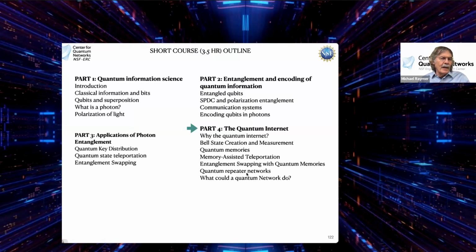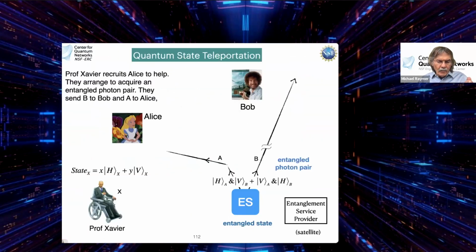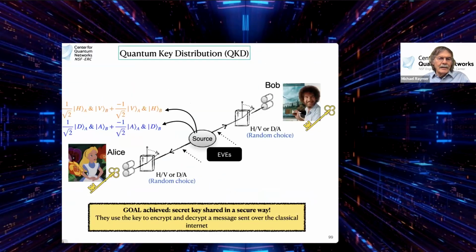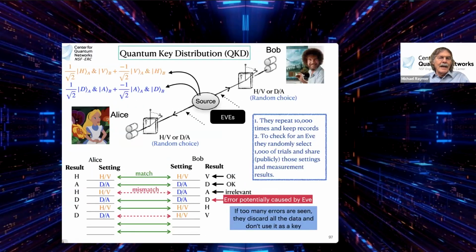So this is simply a step by which they can estimate how many errors are there in the total data set. Now, it turns out that if the total percentage of trials that are in error is small enough, let's say less than 5%, then they're still good to go. Okay. So they will still have these errors in their key set, but they know that there's only 5% of errors. So the key is not perfect.